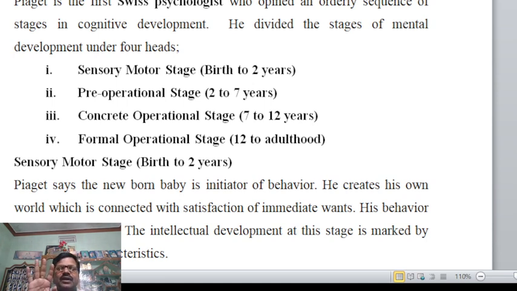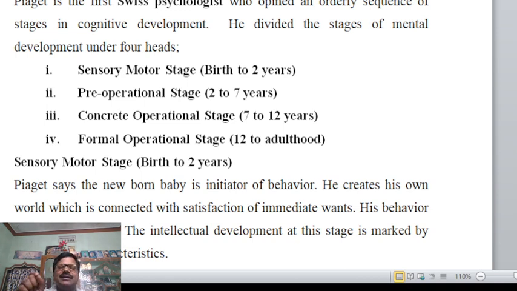According to Piaget, there are four stages of cognitive development, according to the Swiss psychologist Jean Piaget. That is the sensory motor stage, pre-operational stage, concrete operational stage, and formal operational stage. And what is the age or duration of these stages? The first stage, the sensory motor stage, is birth to 2 years.